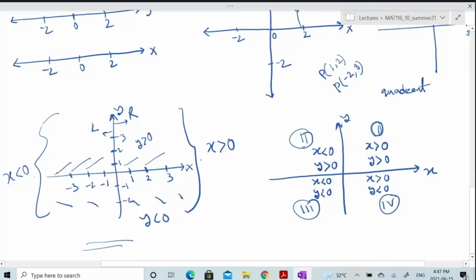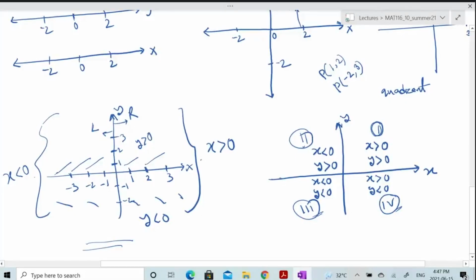You'll see x is negative and y is positive, so that's gonna be in the second quadrant. Similarly, if both x and y are negative, then the point is gonna be in the third quadrant. And if x is positive and y negative, that's gonna be in the fourth quadrant.